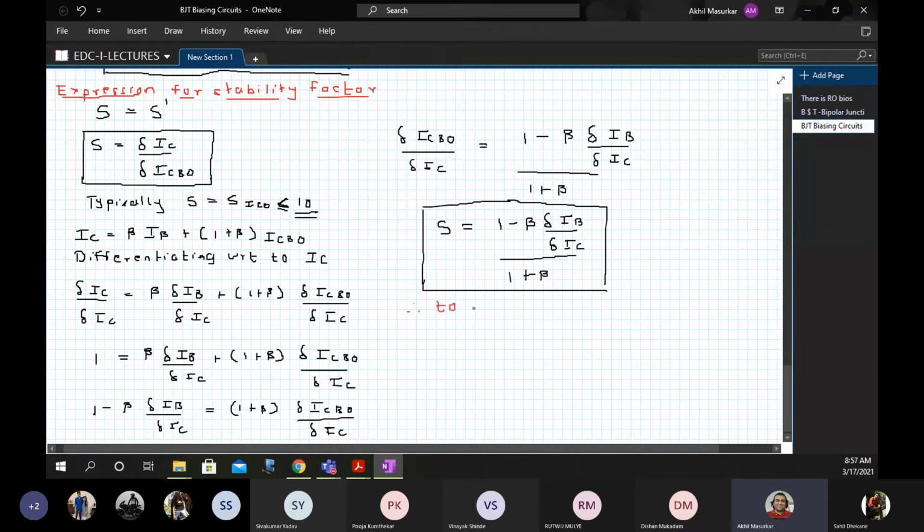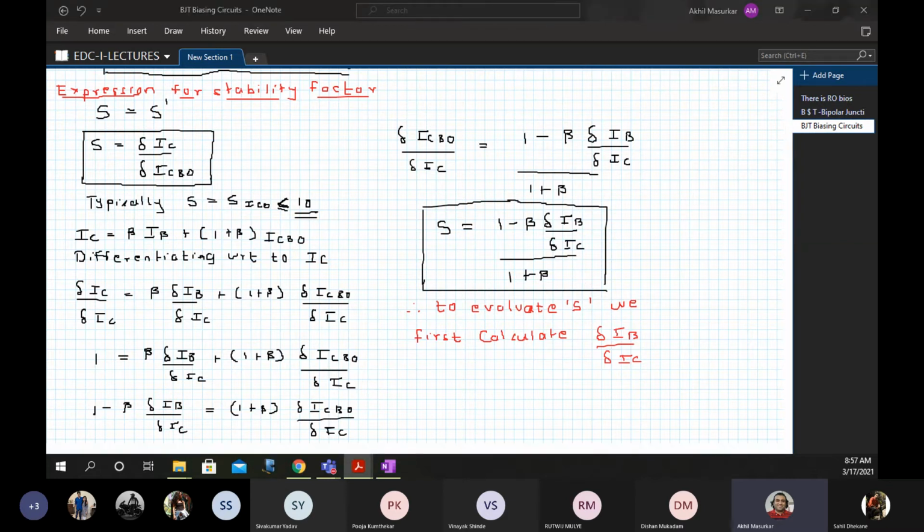Therefore, to evaluate S, that is the stability factor, we first calculate delta IB upon delta IC, then substitute in this and get the value of S. That is the moral of the story.